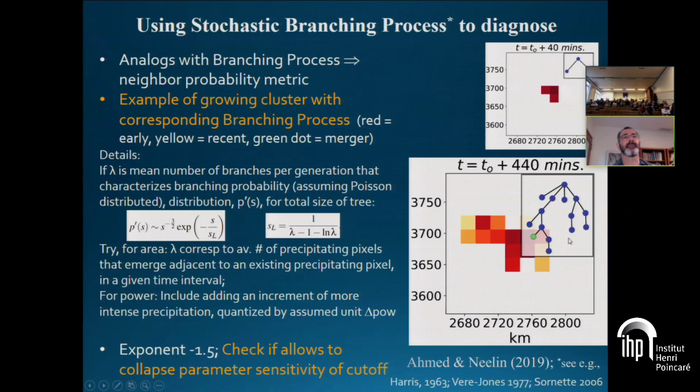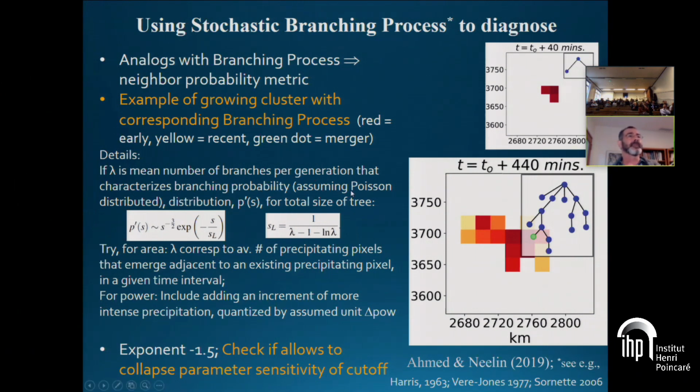That corresponds to a stochastic branching process tree moving forward in time. So if you grab an example that seems relevant, the mean number of branches per generation is the important parameter.